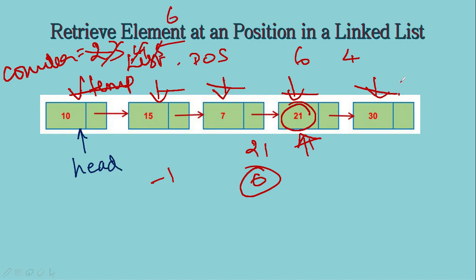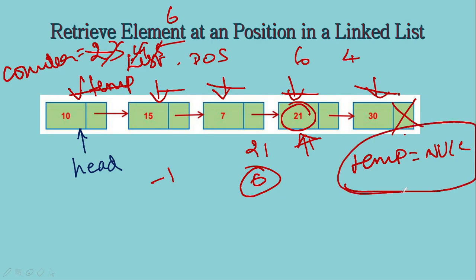The counter will be 6, and my temp value will become null, right? Because the last node's next part is going to have null. In that case, I should not try to dereference the null pointer. I will get a segmentation fault. So within the loop, we have to check if temp is null. When you are traversing, you should also check if temp is null, then you should return -1, right?